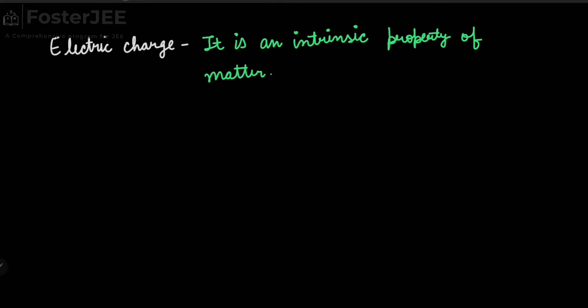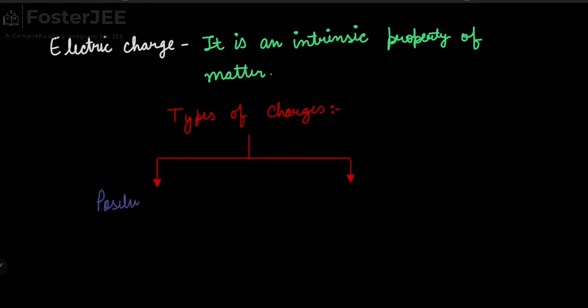Now we will see how many types of charges are there. Types of charges. So we can say till date only two types of charges are found, that is positive and the other one is negative.